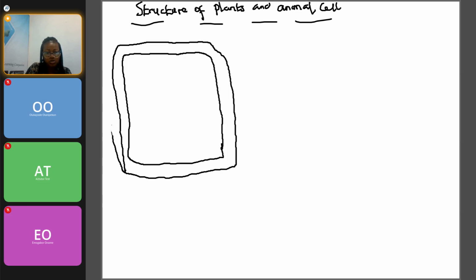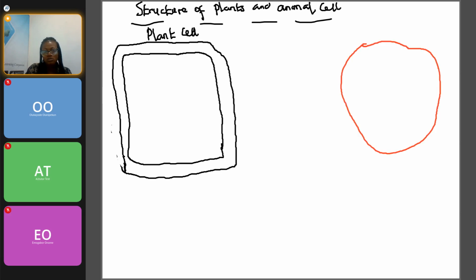So this is the plant cell. And we have an animal cell which is round in structure. Not majorly round, but it is something like this.